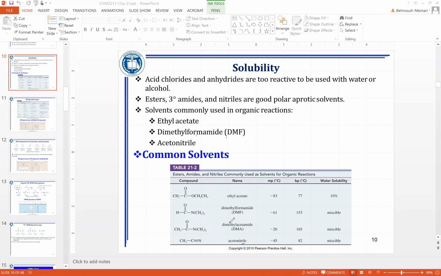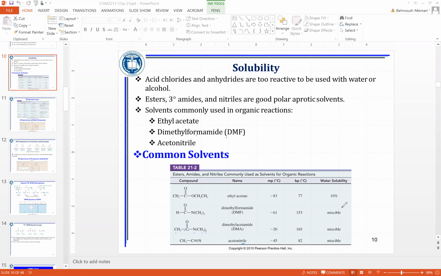So you have acetonitrile and dimethylacetamide. The acetamide or ethanamide is coming from the 2-carbon carboxylic acid.